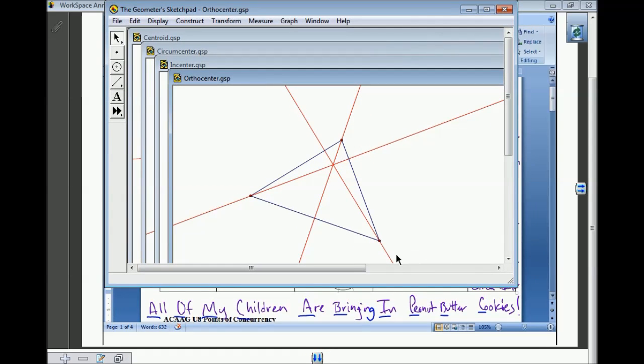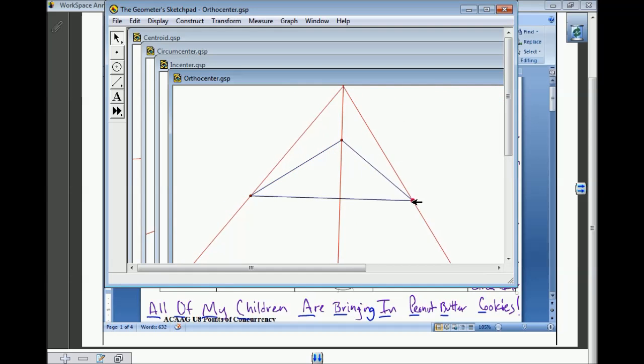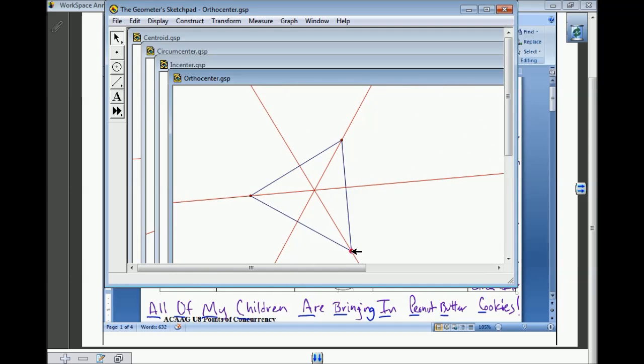Here I have a triangle, and I have constructed, using GeoSketchpad, segments that pass through a vertex and are perpendicular to the opposite side. I don't have the perpendiculars marked, but if I grab one of the edges, you will see how the orthocenter is the point where all those lines intersect.